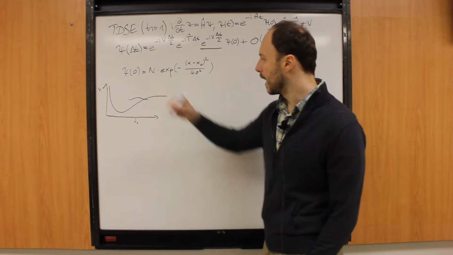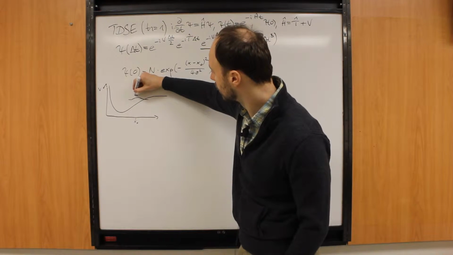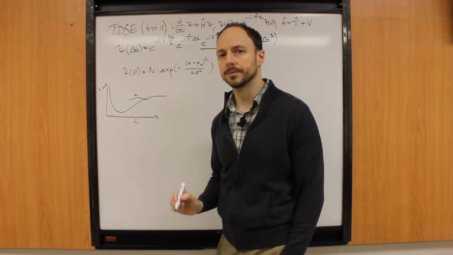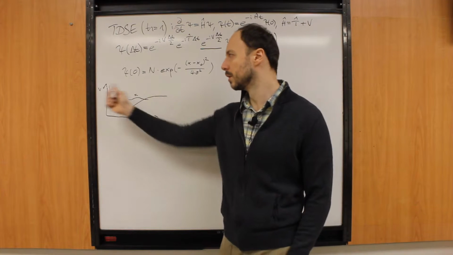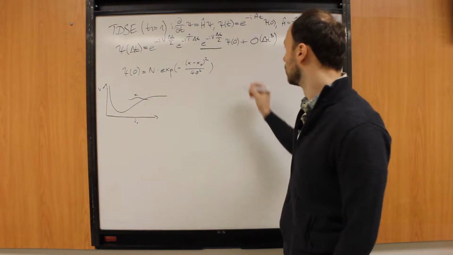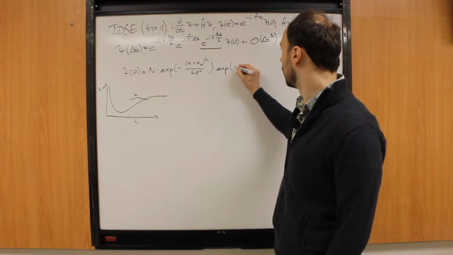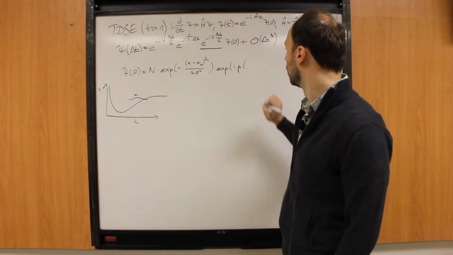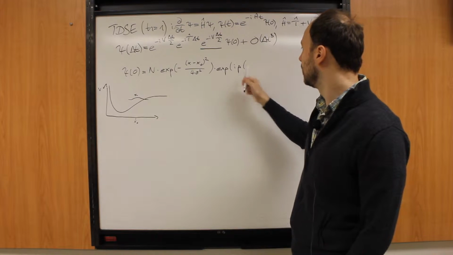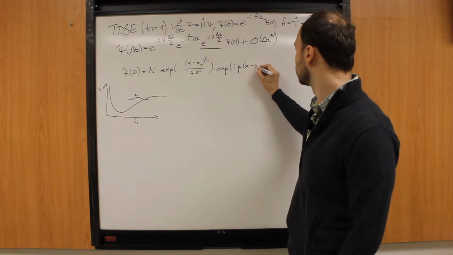And we want this to have some initial momentum moving towards the barrier, for example, a molecule colliding with a surface. So we're going to say this is modulated by a plane wave e to the i p, where p is the momentum, times (x minus x naught).